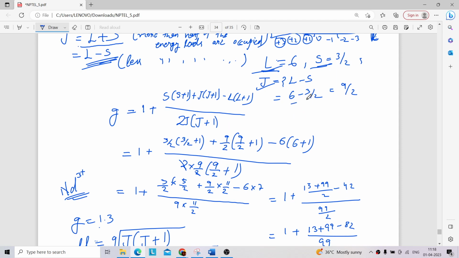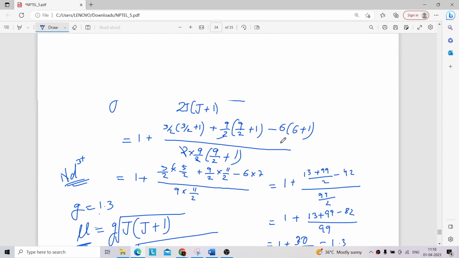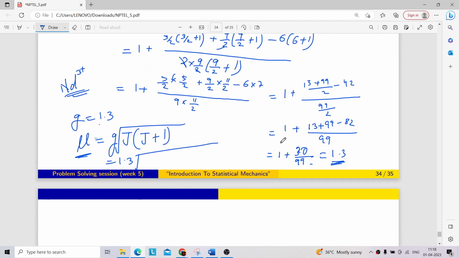It's 6 minus 3 over 2, which is 9 by 2. You can check, I can't find it now. Okay, J value is 9 by 2 now. 9 over 2 plus 1 is 11 by 2.